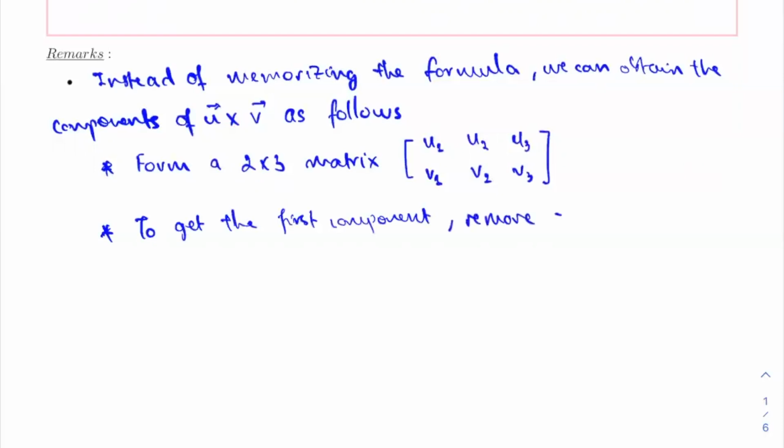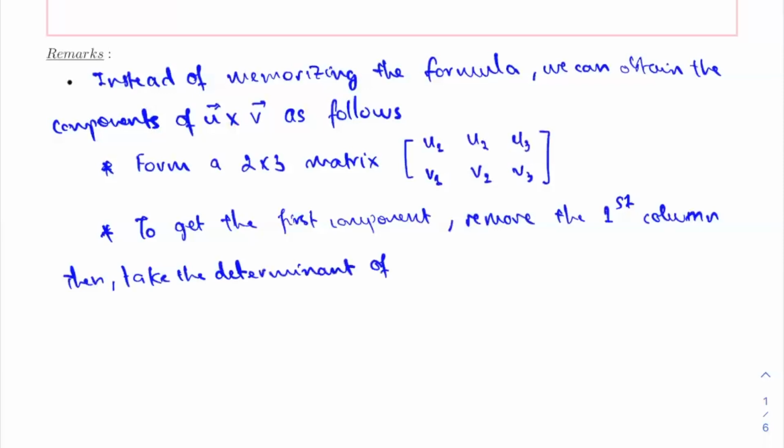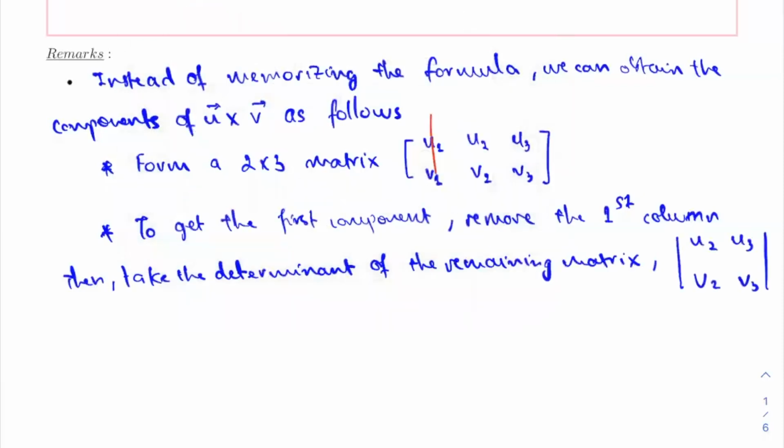That is the determinant of u2, u3, v2, v3. So to get the first component, you remove the first column, and you take the determinant of the remaining matrix, and this is a 2x2 determinant, so you can do the calculation fairly easily.